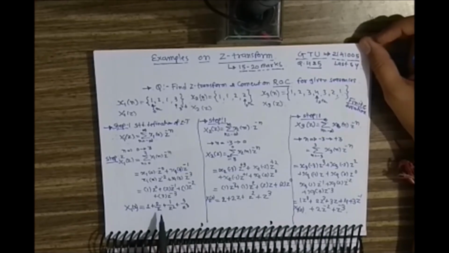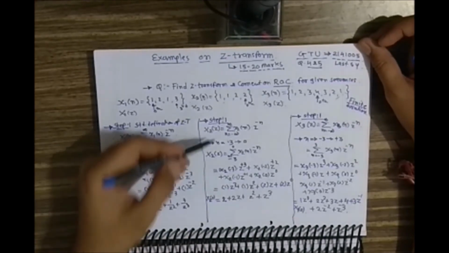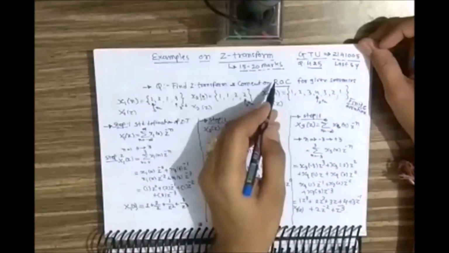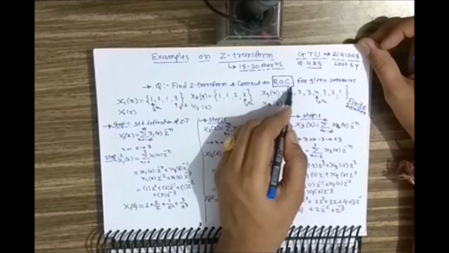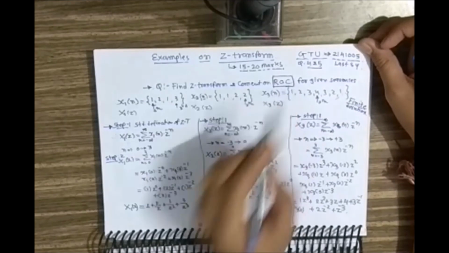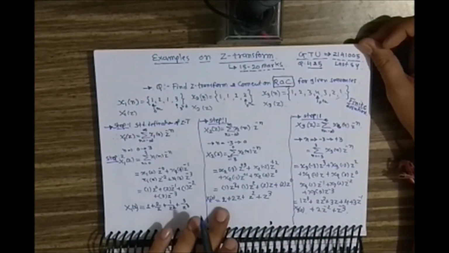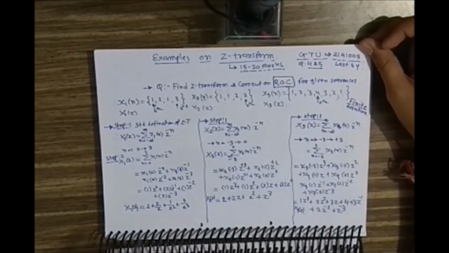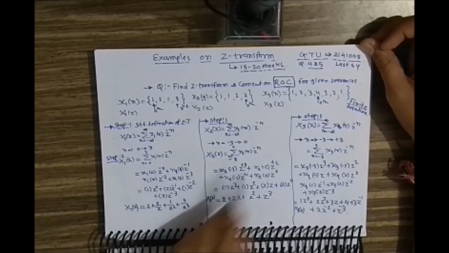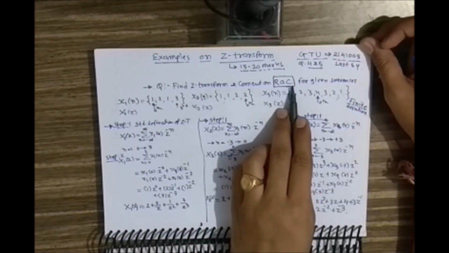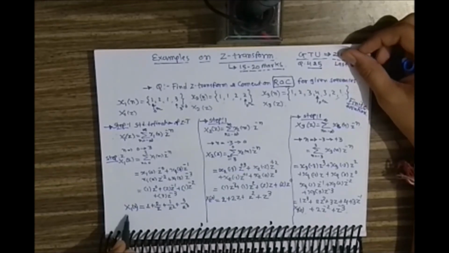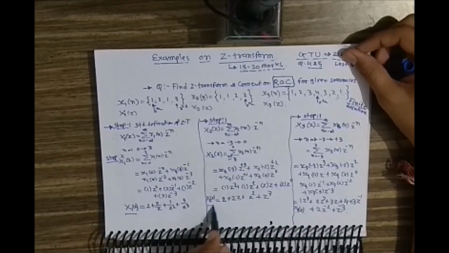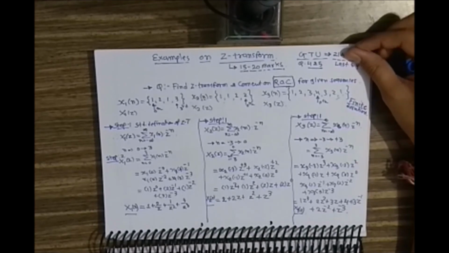But in these three examples, x1, x2 and x3, we have not commented on the region of convergence, ROC, of x1, x2 and x3. Later on, we will discuss the importance of the region of convergence and the significance of ROC on the z transform of any sequence.